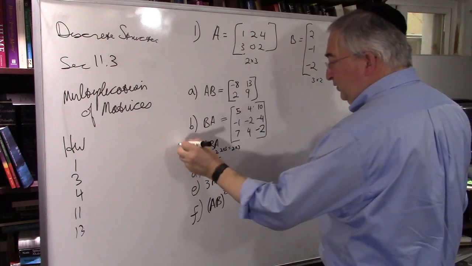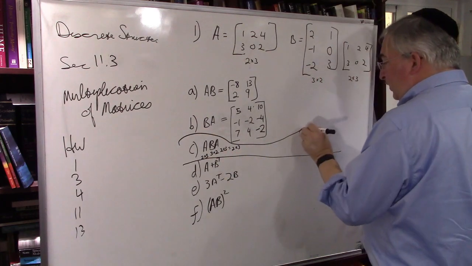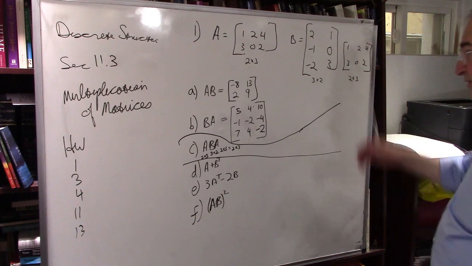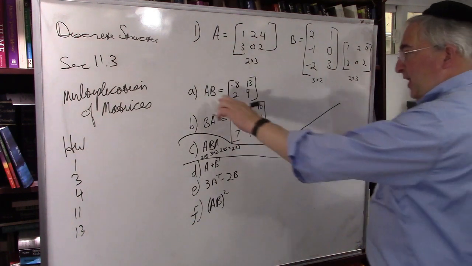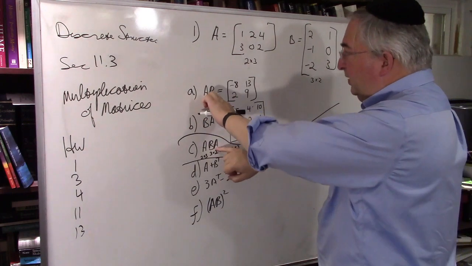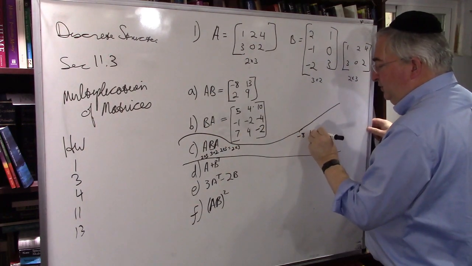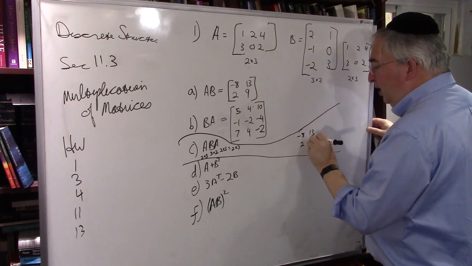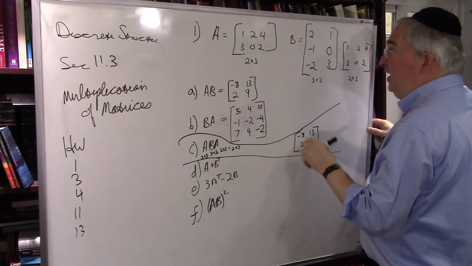Okay, so we're doing part C now. The way we calculate it is as follows. We're going to do A times B and then multiply A by it. So it's going to be minus 8, 13, 2, 9, that's AB, times, I'm going to put an A again.